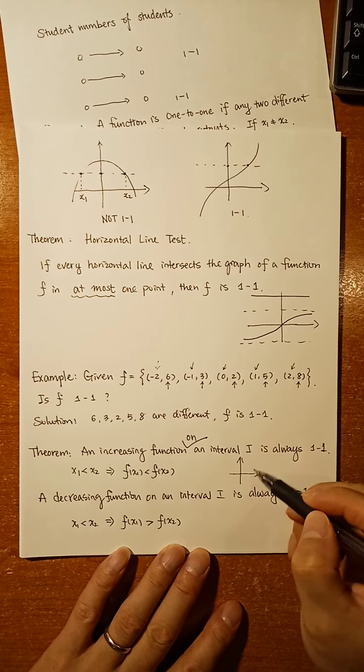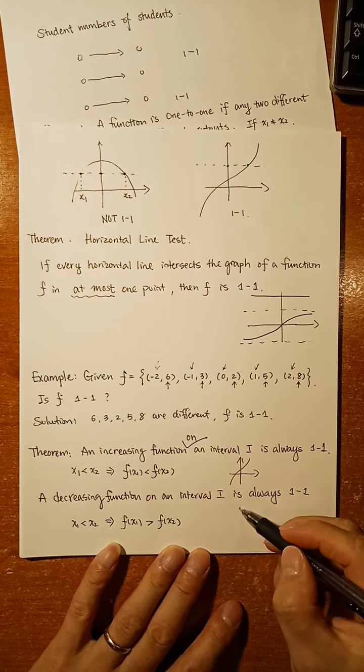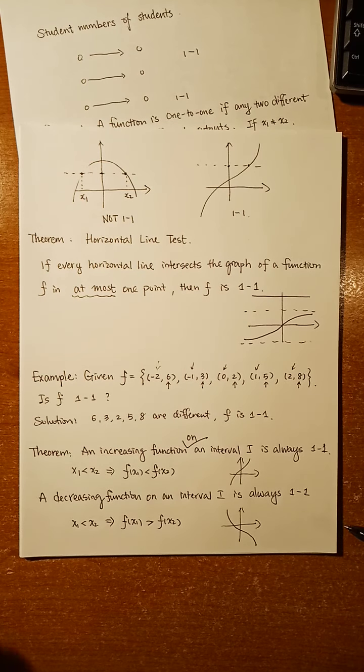Increasing is like this: from left to right, you always go up. Decreasing is the opposite: from left to right, you always go down. But either way, you go up or go down, you use the horizontal line to intersect them. The intersection point is at most 1. So increasing and decreasing functions are always one-to-one over the interval.